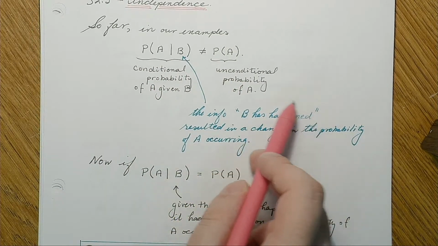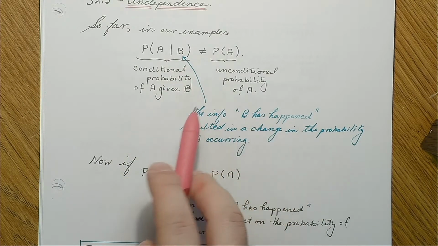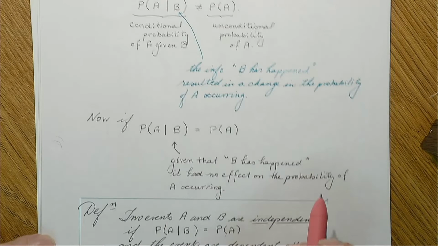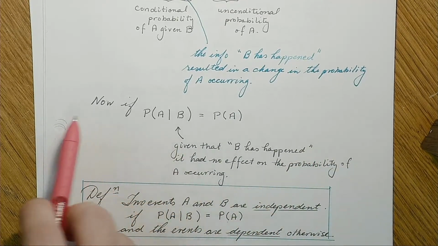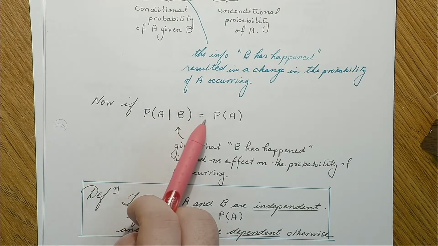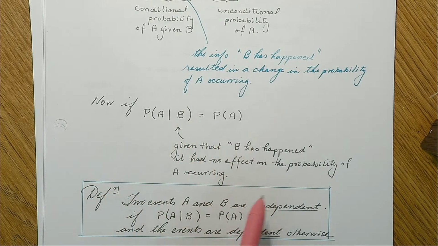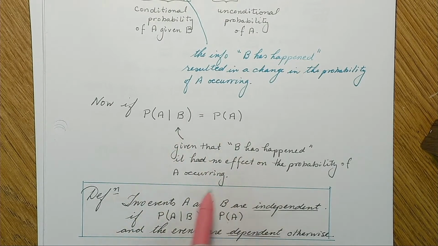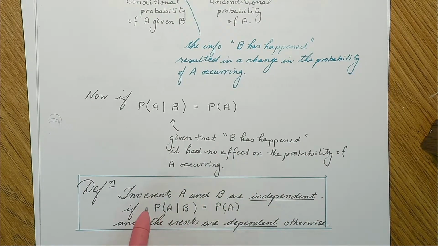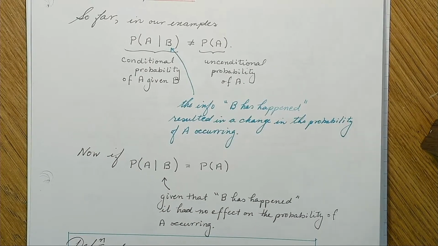If you had more information that, for example, the event B has happened, it resulted in a change of A. But if the unconditional is equal to the conditional, then this introduces the idea of independence. So if they're equal, then they're independent. Otherwise, they're called dependent.